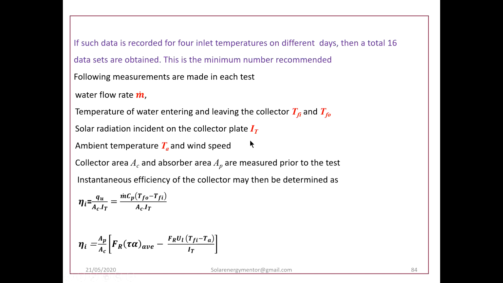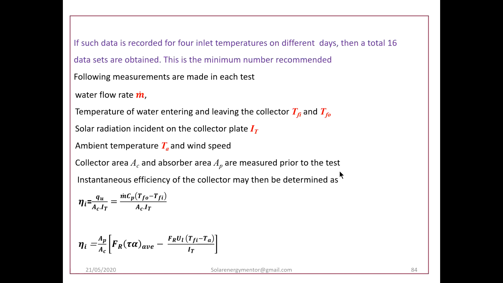Actually it reads IB and then we have to calculate IT. Then ambient temperature, TA, and wind speed, V infinity. Collector area AC and absorber plate area or aperture area AP are measured prior to the test.